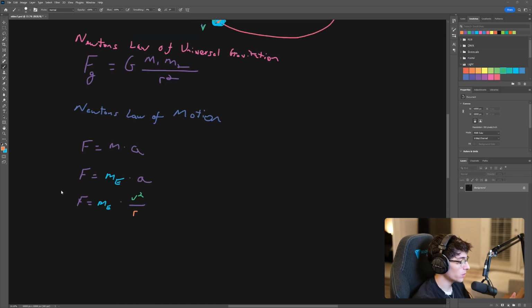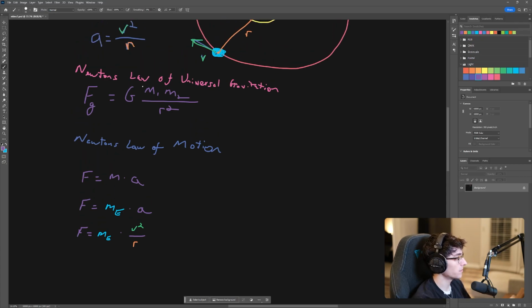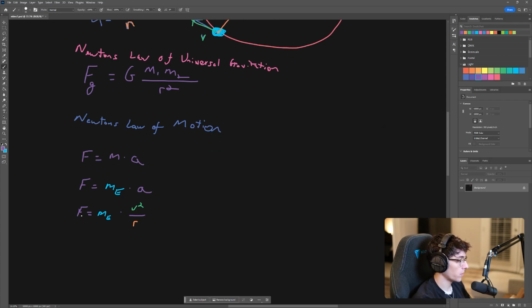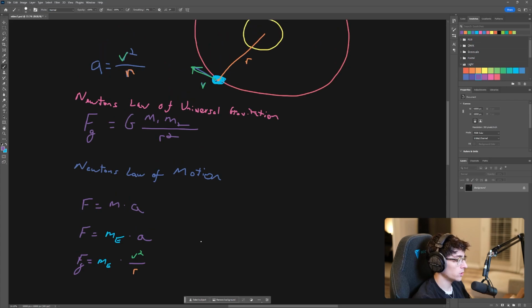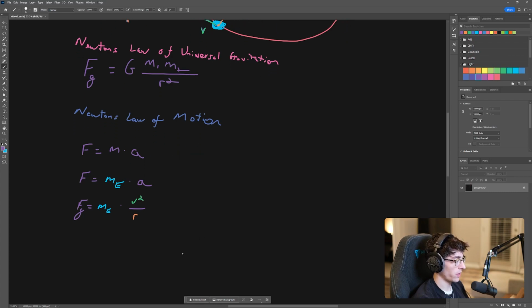Nice. Okay, cool. So now, simply by using Newton's law of motion, we can find the force of gravity on Earth due to its motion without even using Newton's law of universal gravitation. Thanks, Newton.